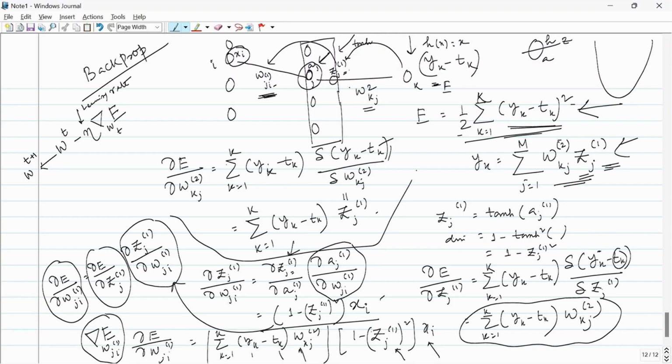Therefore, this gradient will also be known to you, and we will use the learning rate, multiply it with the gradient, and that is going to give you the updated wji at the ith layer. Now think about it. As we increase the number of layers, you will have to multiply several such gradients.